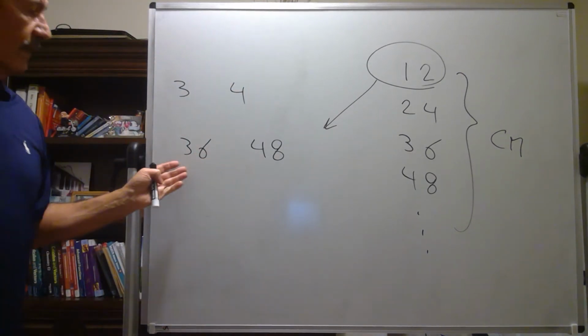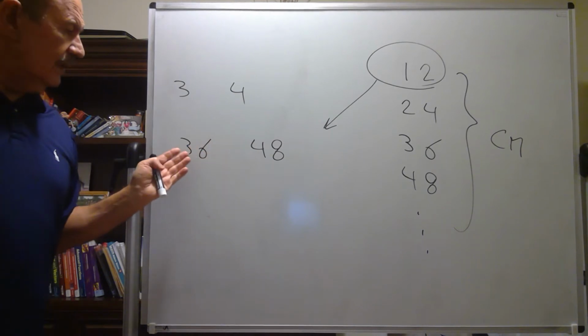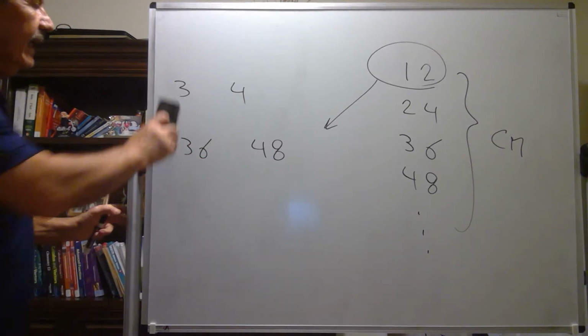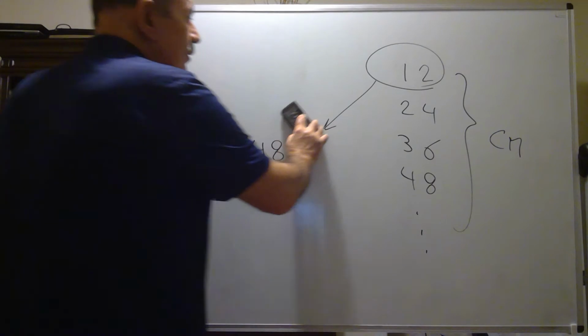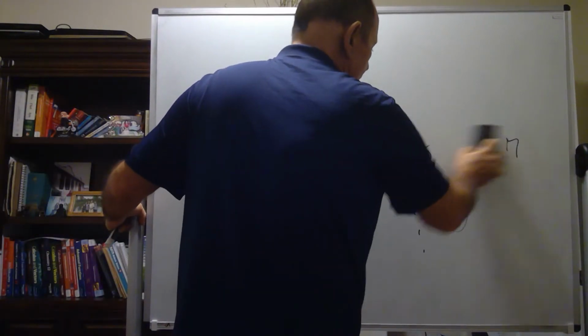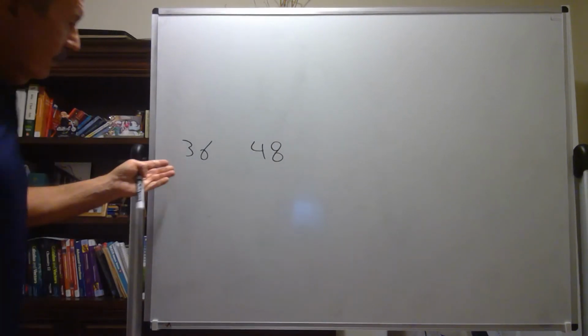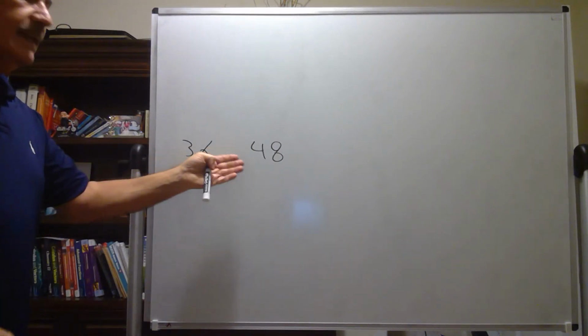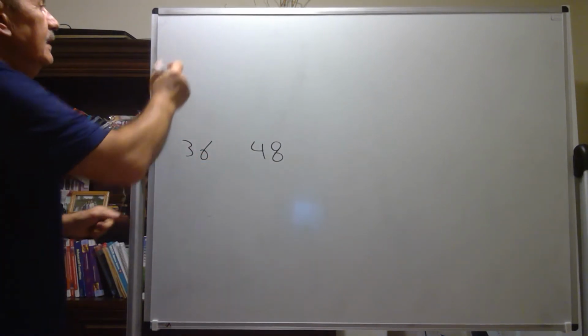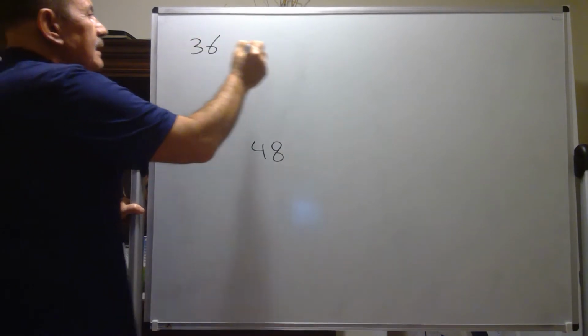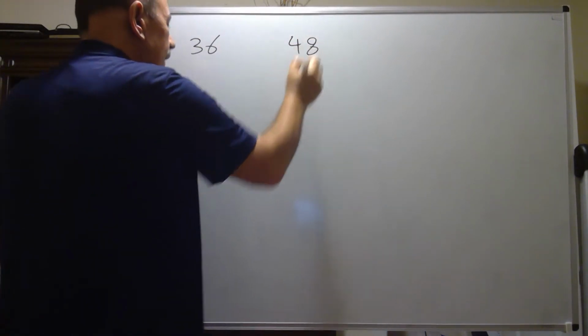Let's see how we can find the LCM for 36 and 48. We have two different methods for finding the lowest common multiple LCM for 36 and 48. Let me write it at the top, 36 and 48.